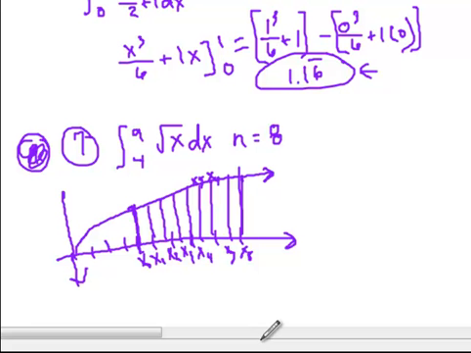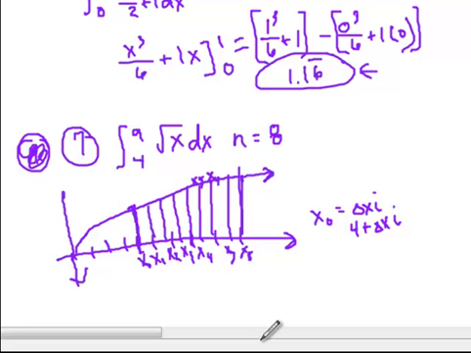So when you figure these out, you're going to need all of these f of x sub 0, x sub 1, x sub 2. For x sub 0 in this case, you have to be careful because it's no longer just delta x times i. This is actually going to be 4 plus delta x times i.